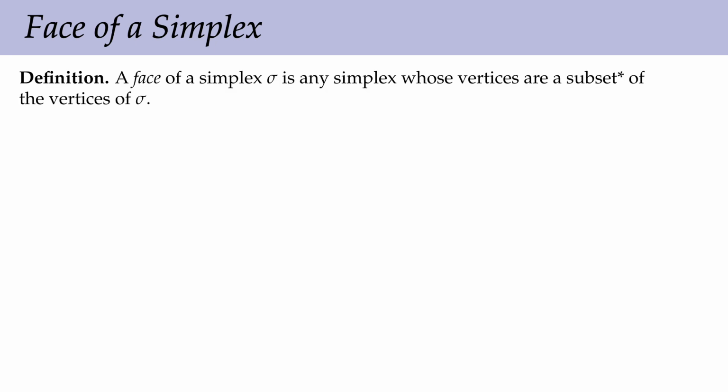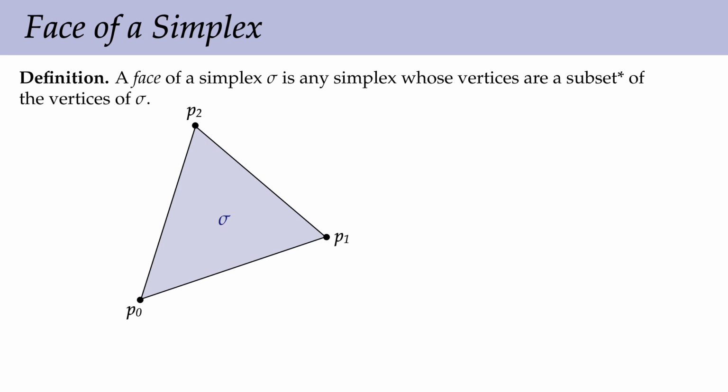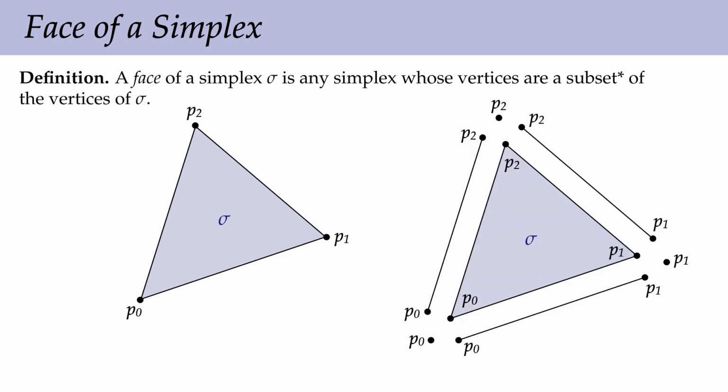A face of a simplex, sigma, is any simplex whose vertices are a subset of the vertices of sigma. So for instance, if we have a two-simplex, a triangle, with vertices P1, P2, and P0, then here are its faces. Right? I've offset these faces so that they're easier to look at. The faces really would be sitting right on top of the original piece of the simplex that they come from. Okay, but we have all the possible subsets.